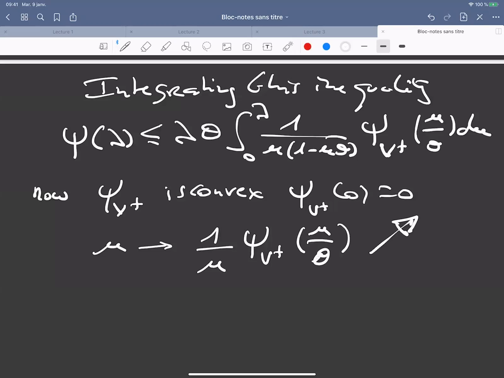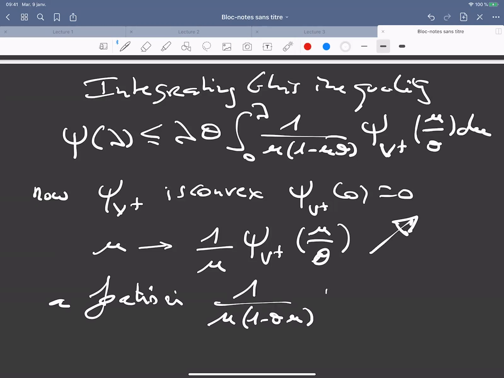And so a fortiori, 1 over u, 1 minus theta u, psi v plus of u over theta is non-decreasing. So now under the integral here, you have a non-decreasing function. So you can say that the integral is less than the value of this function at lambda times lambda.